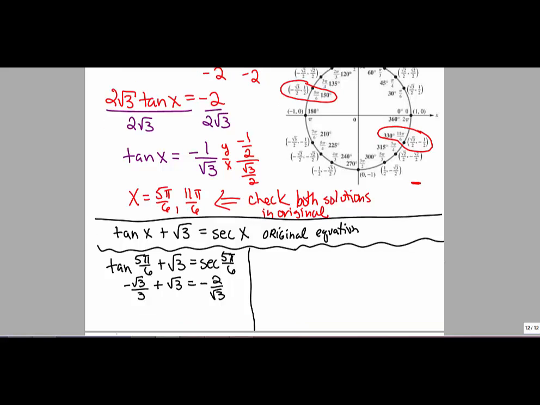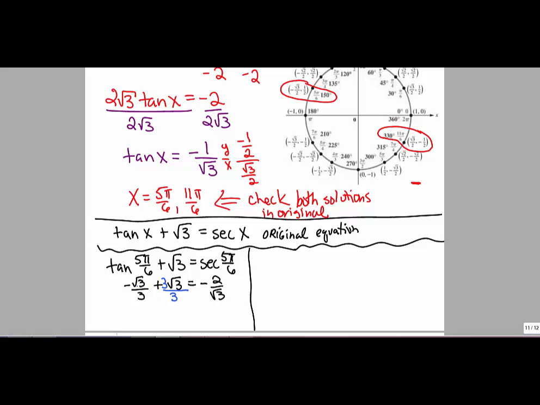So does this add up to give us what we want? Let's see. We would need to give them both the same denominator here. So when I add these two sides together, that would be LCD of 3. So if I multiply the bottom by 3, I've got to multiply the top by 3 as well.